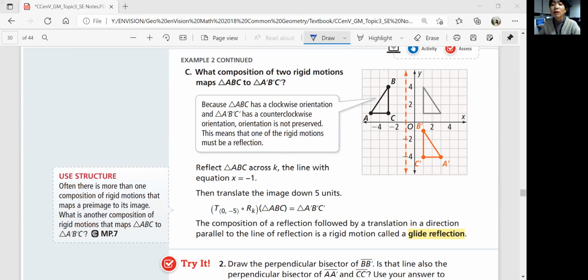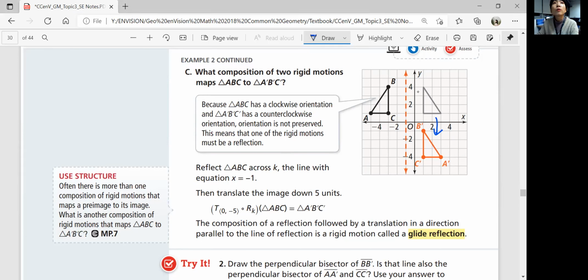Okay, so now that we know there is not one single transformation that could map the pre-image to the image, we're going to find a composition of two or more transformations, okay? So just like we talked about before, we're going to reflect it across the y-axis, or reflect it across this line, and then translate your triangle down, okay?